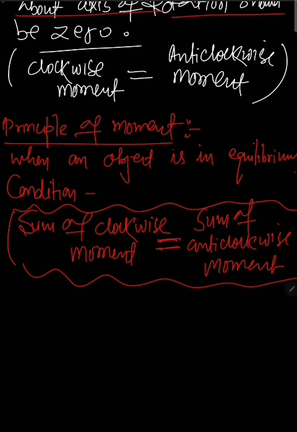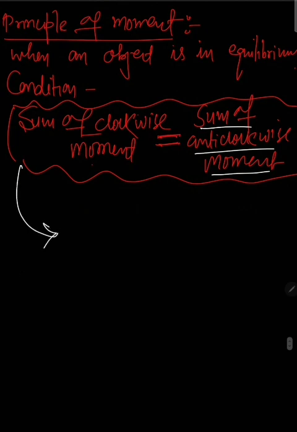Okay, now let's discuss the principle of moment. According to the principle of moment, when an object is in equilibrium condition, then the sum of clockwise moments is going to be equal to the sum of anti-clockwise moments. So this one is the principle of moment, and it is very important for ICSE board class 10.